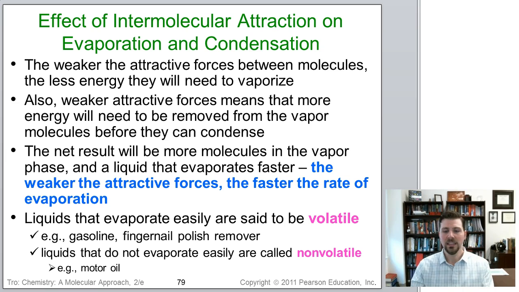This is why we say that liquids are volatile substances. Some are more volatile than others, and volatility relates to how easily a liquid can evaporate. If it's a really highly volatile liquid, it's going to evaporate very, very fast. There are some substances in the lab, like dichloromethane that we talked about earlier.